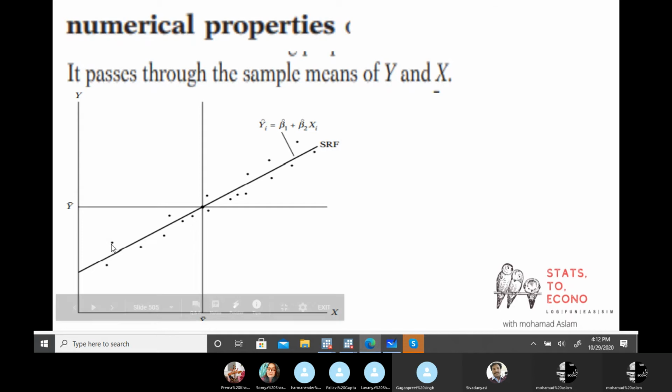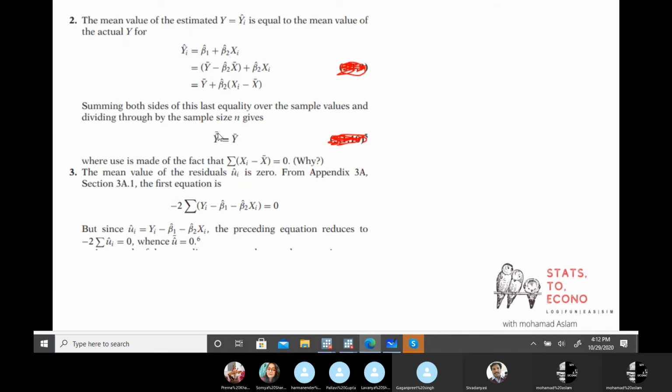But on an average, the average of the estimated value is equal to the actual average of the dependent variable. This is another important implication of this property, that we can rely on this estimate because its average value is also equivalent to the actual average of the dependent variable.